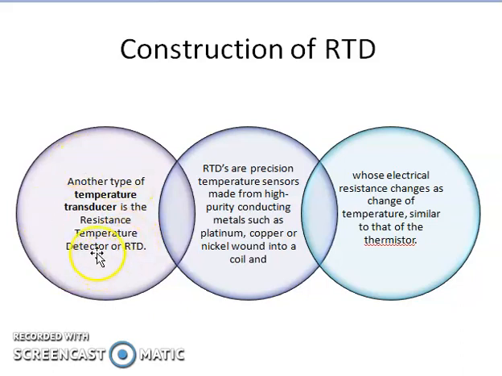That is, it has a negative temperature coefficient. RTDs are precision temperature sensors made from high purity conducting materials such as platinum, copper, or nickel wound in a coil, and whose resistance changes as the temperature changes, similar to that of thermistor.